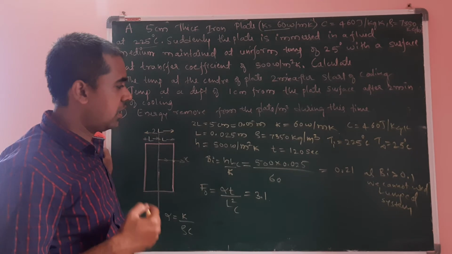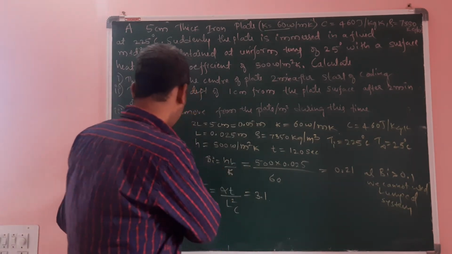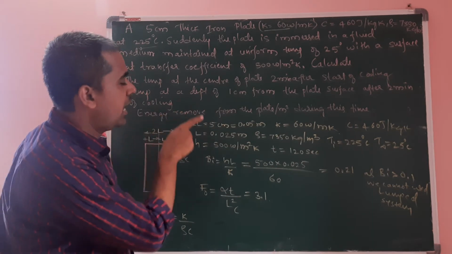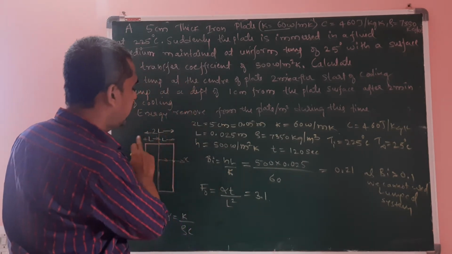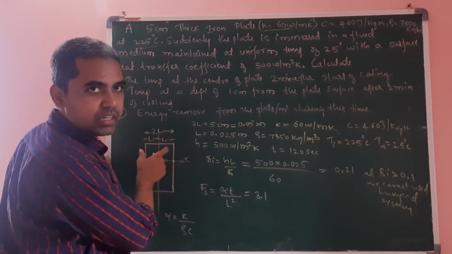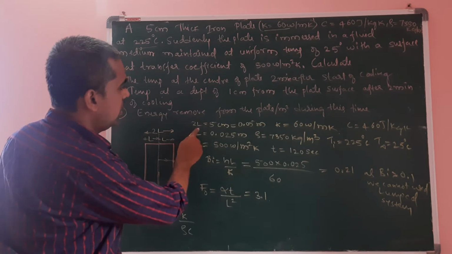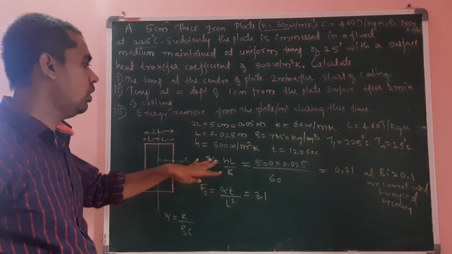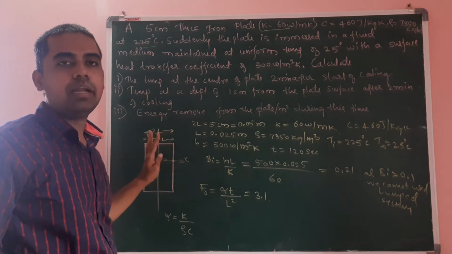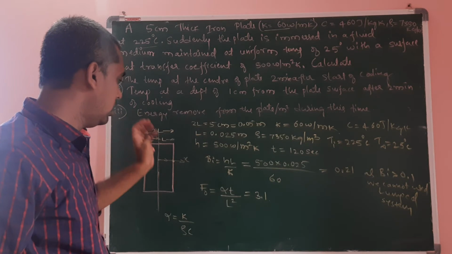If we calculate volume divided by area for the flat plate, this will be half of the thickness of the plate, that is 2L by 2, so for a flat plate this will be equal to L.